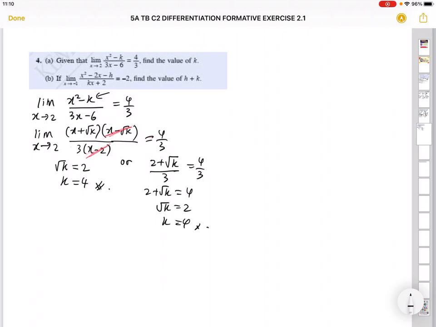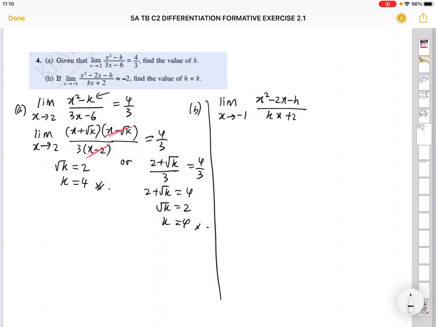Okay, I'm going to do b over here. So b is also another case of factorization. You can see the limit of x approaching -1. The problem is I cannot factorize the numerator. You can see this will be x squared minus 2x minus h over kx plus 2 equals -2.